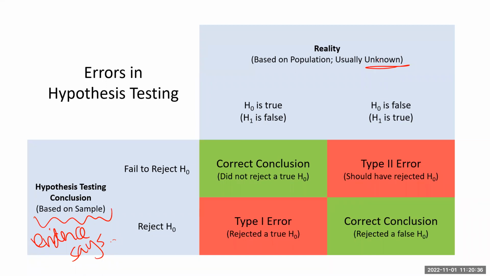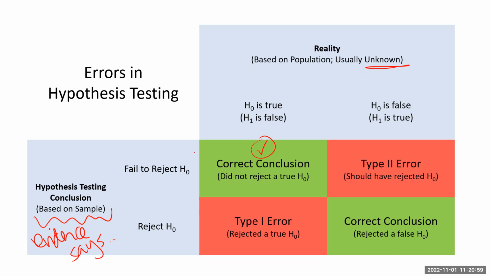Now, let's say that our conclusion was that we failed to reject our null hypothesis. So we looked at the data and we said, you know, we just don't have overwhelming evidence to overturn this. So we're not going to overturn it. We're going to fail to reject it. If our null was actually true and we did not throw it out, then we made the correct conclusion, okay?